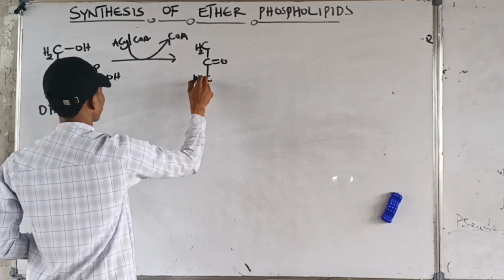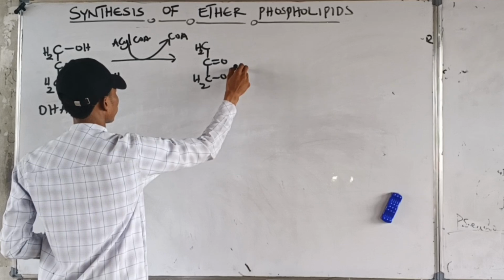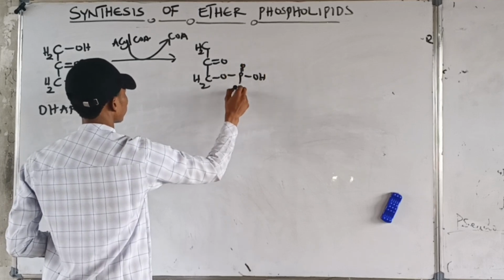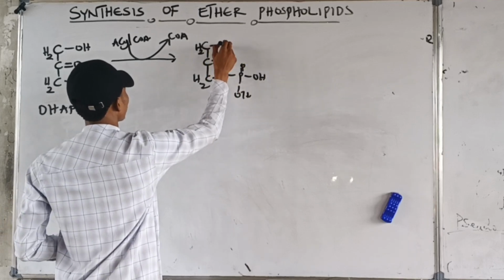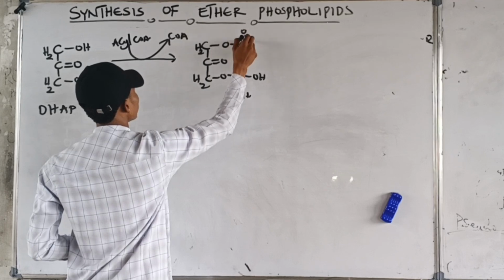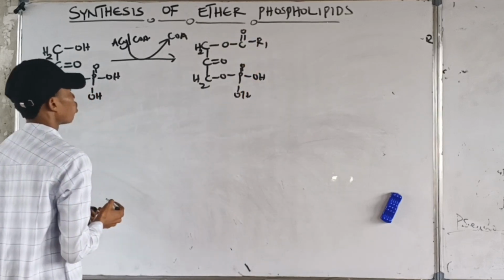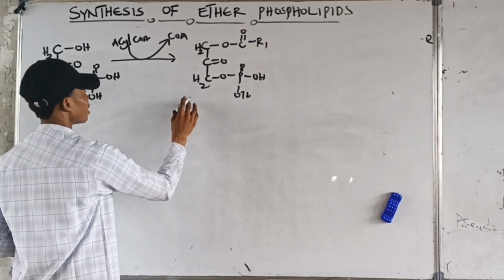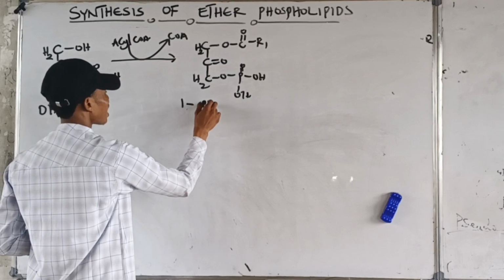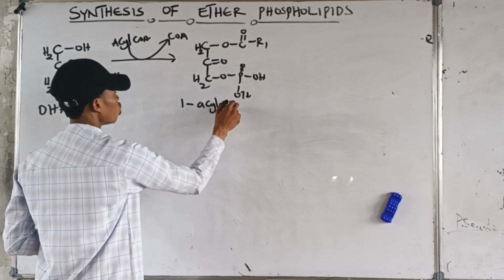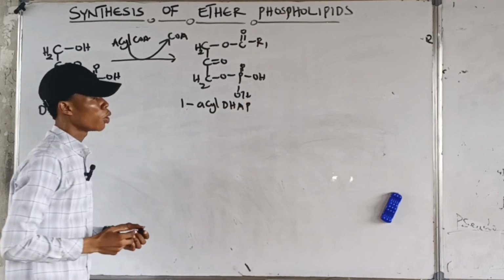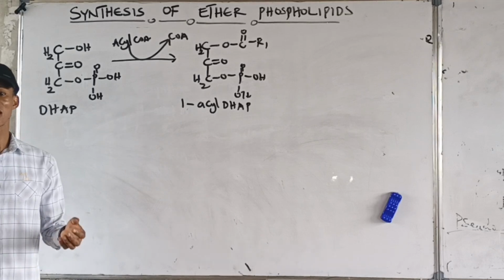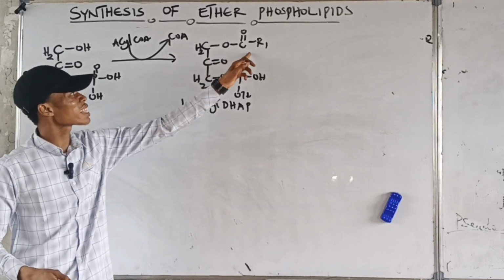So if I attach my acyl group, you agree with me that this is what I'll be having. So I've gotten my 1-acyl DHAP.